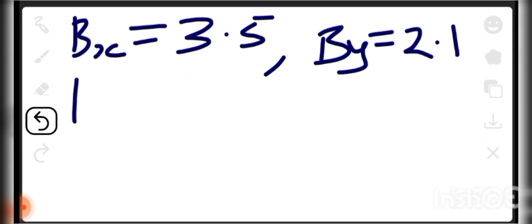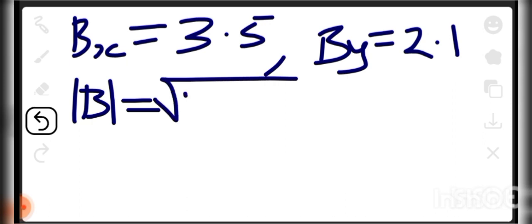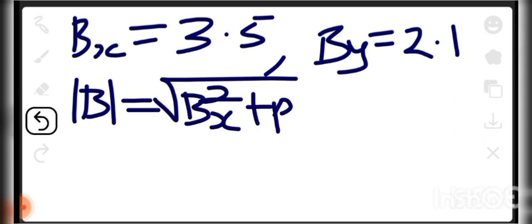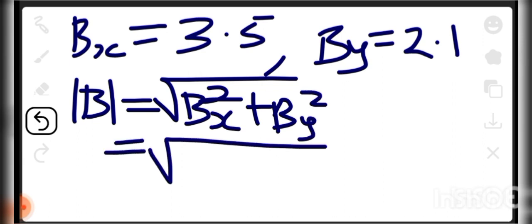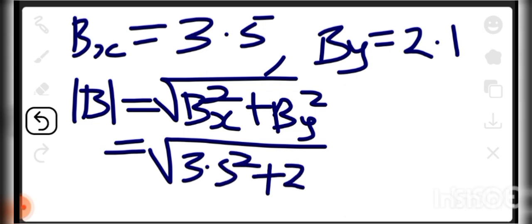Remember, the magnitude of B will be the square root of Bx squared plus By squared. That will be 3.5 squared plus 2.1 squared.